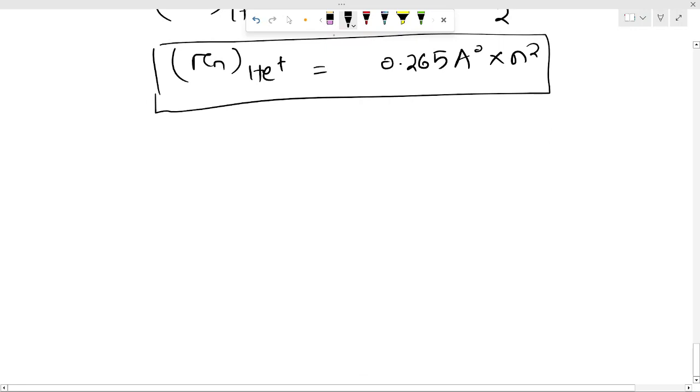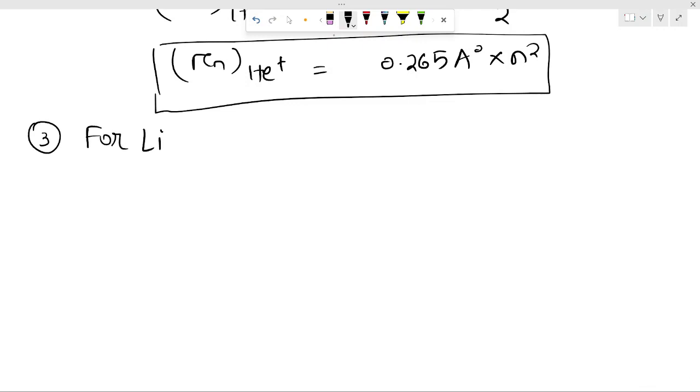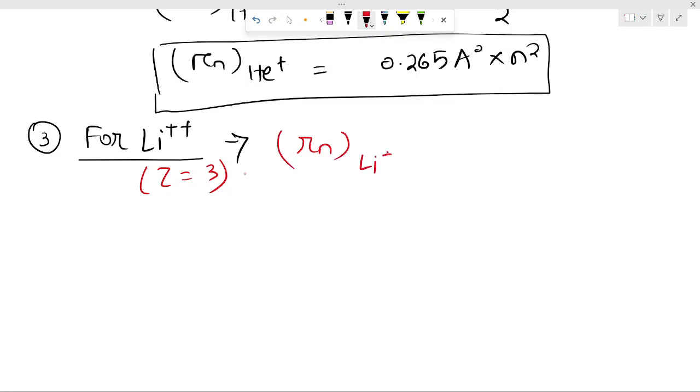Let us see another hydrogen-like atom, lithium 2 plus. For lithium 2 plus, we have Z is 3, atomic number is 3. Rn for lithium 2 plus is 0.529 Armstrong into n square upon 3.